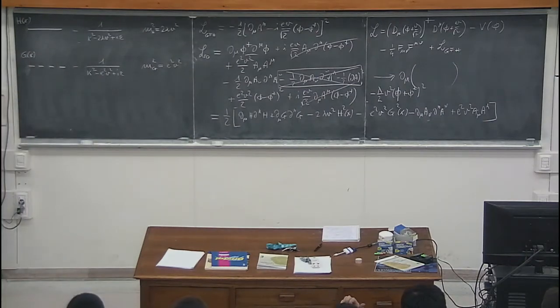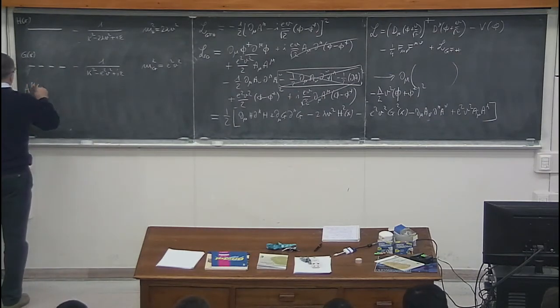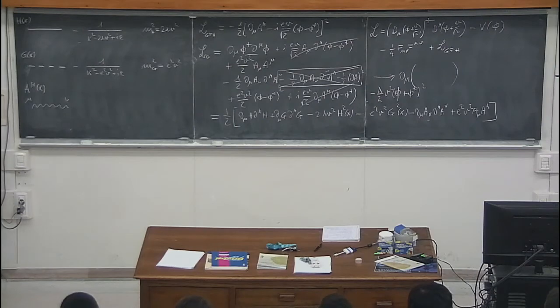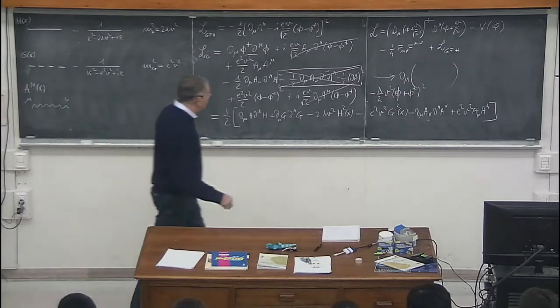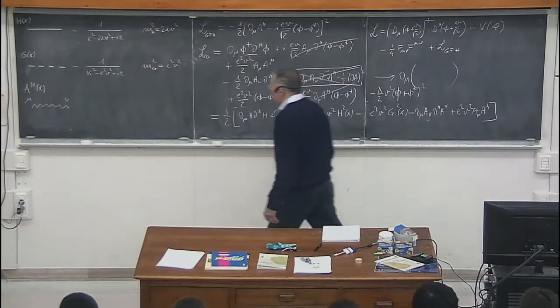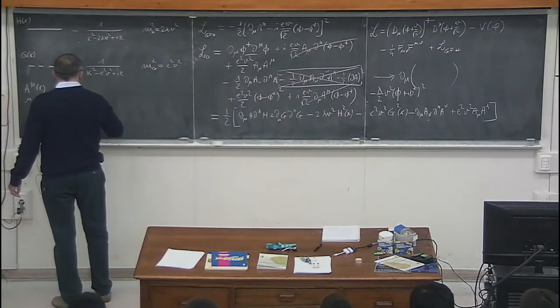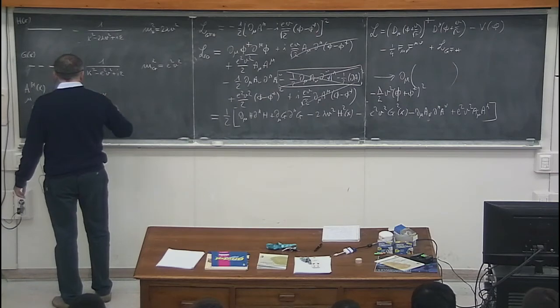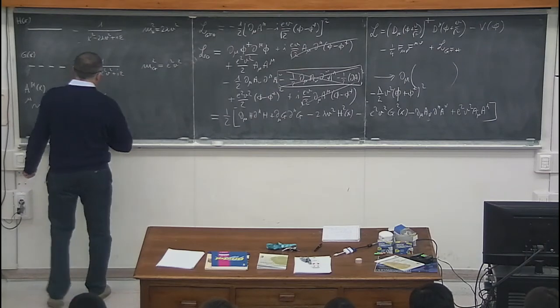And then I have a vector, for which I use, as usual, a wavy line which has Lorentz indices at the vertices. And the propagator for the vector boson is g mu nu divided by k square minus e square plus I epsilon.